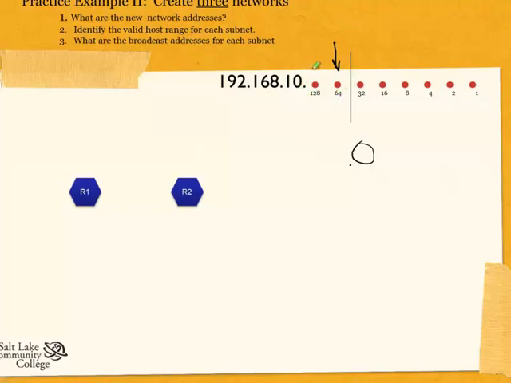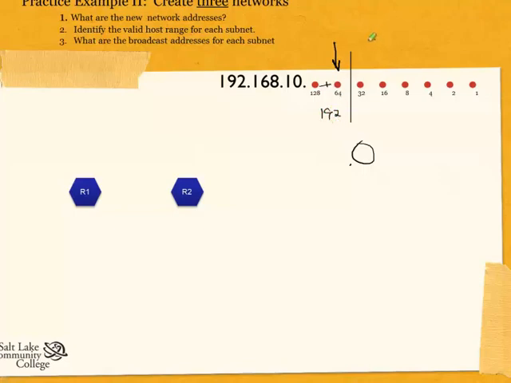Now, in the last scenario, we changed the mask from 255.255.255.0 to 255.255.255.128. We're going to do the same thing here. All we're going to do is take these 2 numbers and add them together. And those 2 numbers together equal 192.